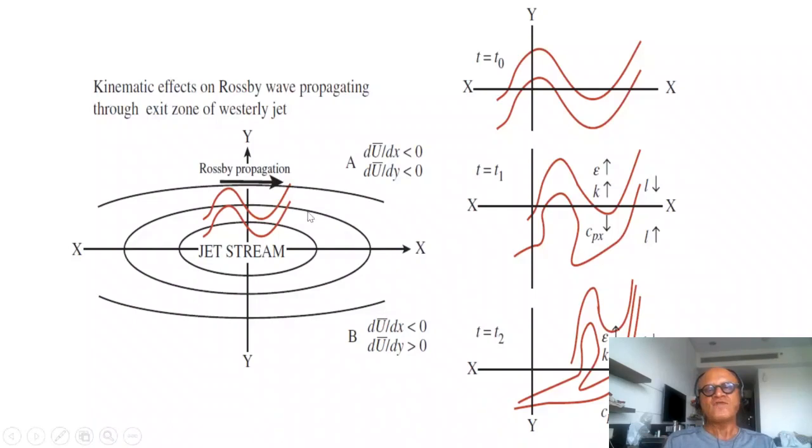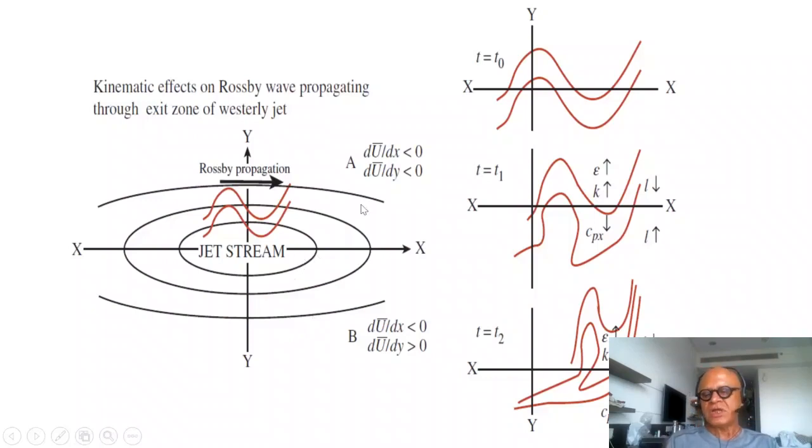To the north of the jet stream's axis, you have negative stretching and negative meridional shear. So maximum westerlies are here and weakening here, so you get du bar dy less than 0. And to the south of it you get again a negative stretching, but you get du bar dy greater than 0 because going in the y direction you're going from weaker westerlies to the strongest westerlies at the jet stream core.